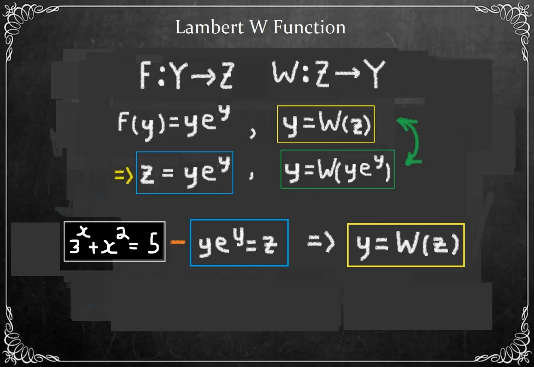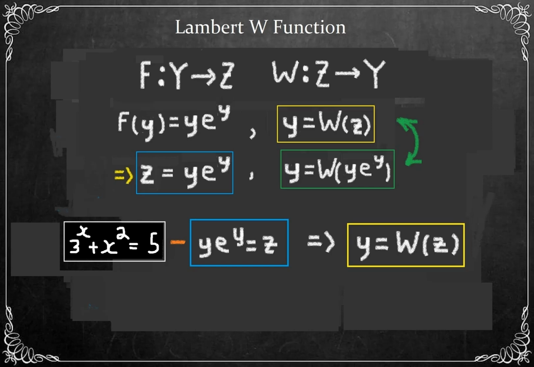Next, we can define a function f where set y maps to set z, and its inverse W where set z maps to set y. Then we have the rule f of y equals y e to the y, and its inverse y equals W of z, yellow box.